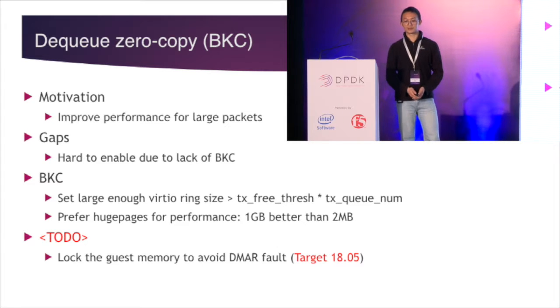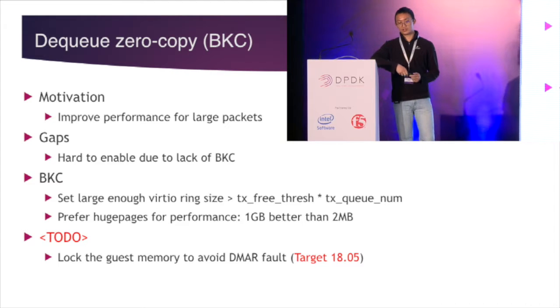To avoid the device just hanging there, we can use a larger ring size. For each TXQ, there's a free threshold, which means we free the descriptors when it reaches this threshold, and it multiplies with the TXQ number. So basically, the virtual ring size should be larger than this.